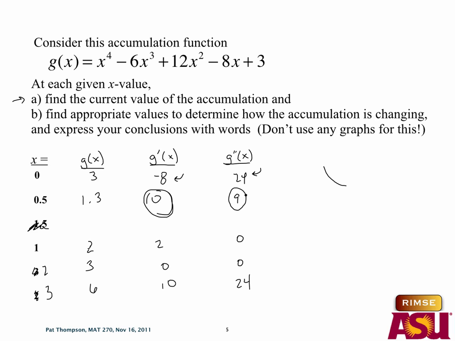What does that mean? The graph is concave up and it pauses when x is 1/2. So that looks like this point right there. So we have a local minimum.